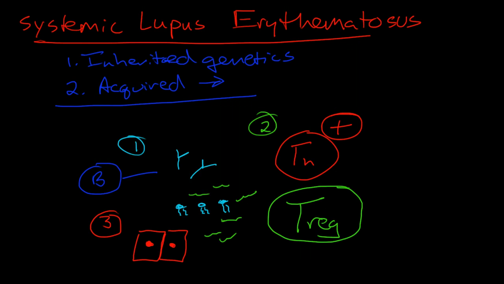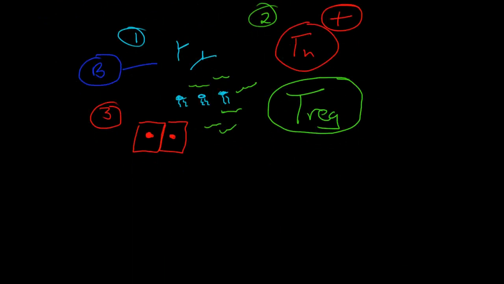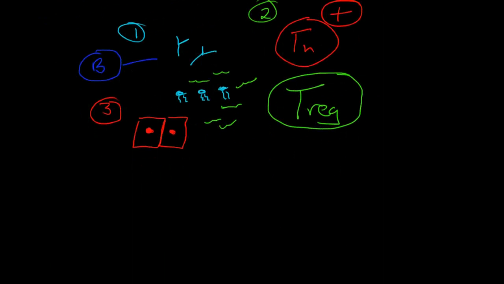And this combines to create a situation in the body where we are developing large amounts of anti-nuclear antibodies and anti-phospholipid antibodies.